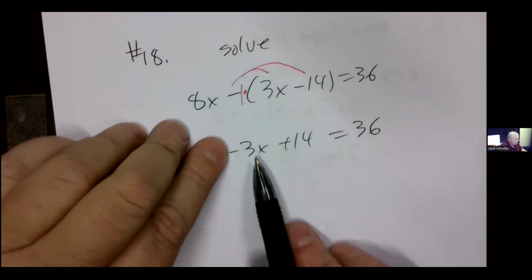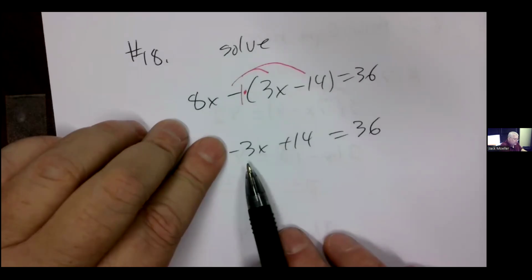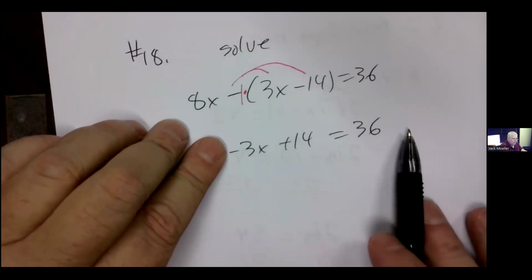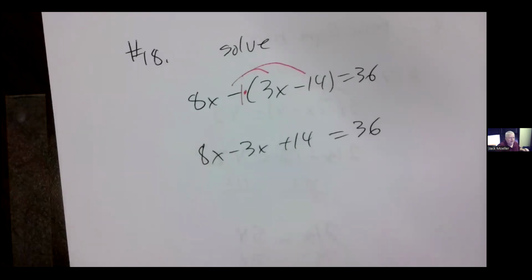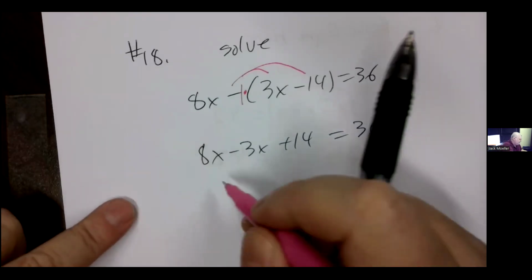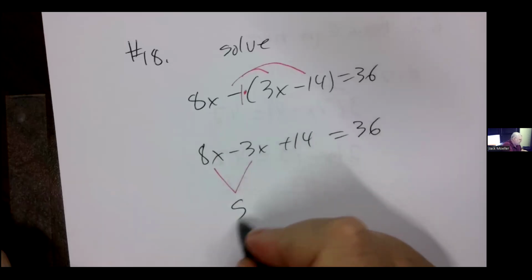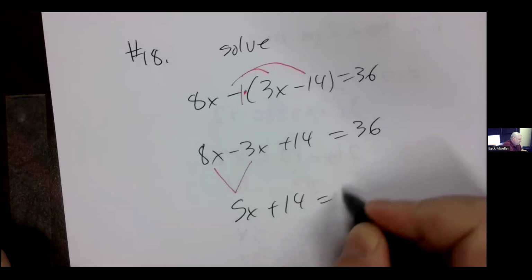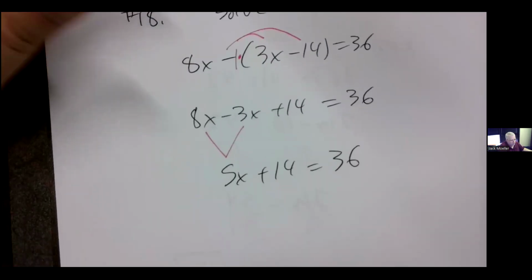So if you were moving that minus 3x over to the right-hand side, then you would add 3x to that side, zero it out, and then have your 3x over here. Since they're on the same side, don't do opposite operations. Just do 8x minus 3x. So 8x minus 3x is 5x plus 14. So now we're back to a basic equation.